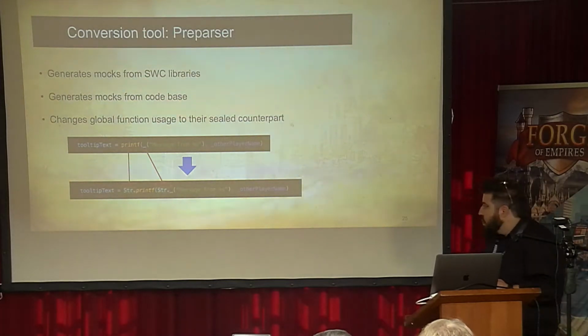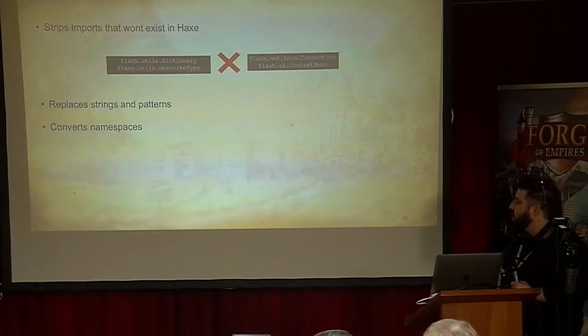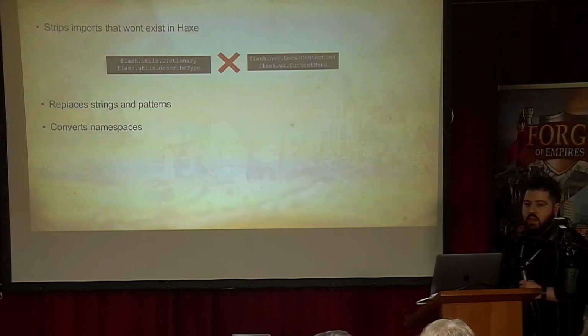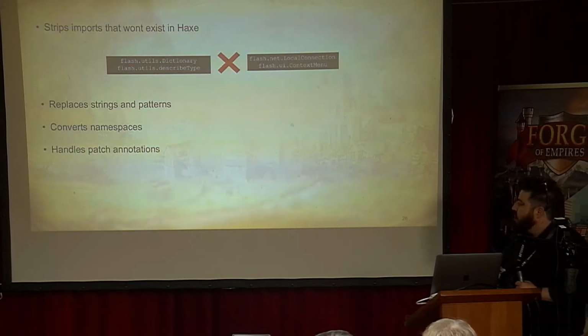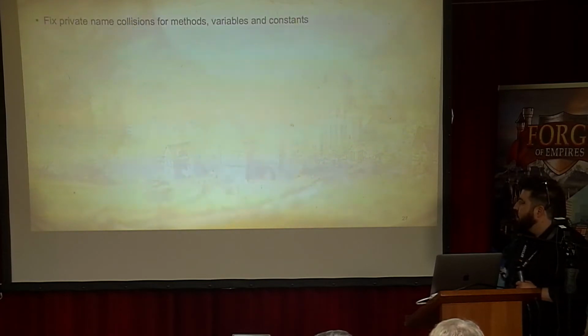At the same time, it strips imports that won't exist in Haxe at all for several reasons. It replaces string patterns, converts namespaces, and handles path annotations. We'll deal with this later.